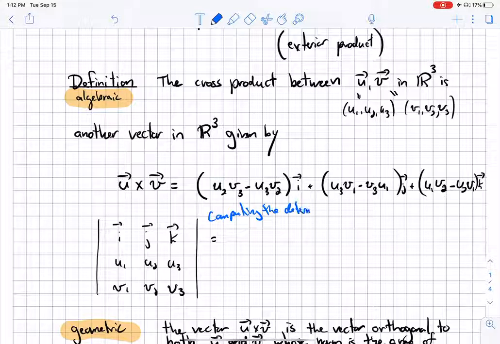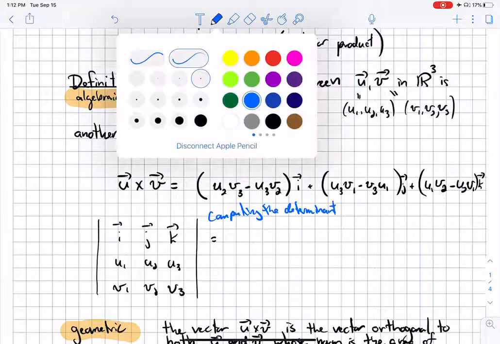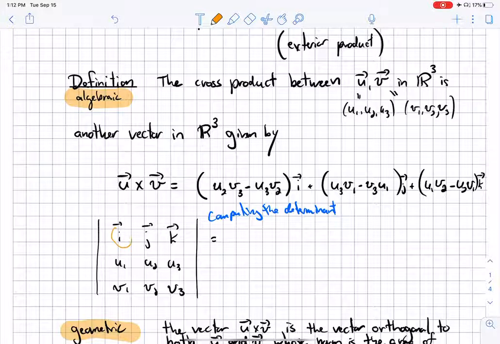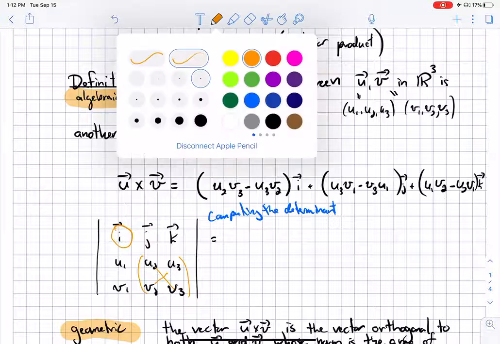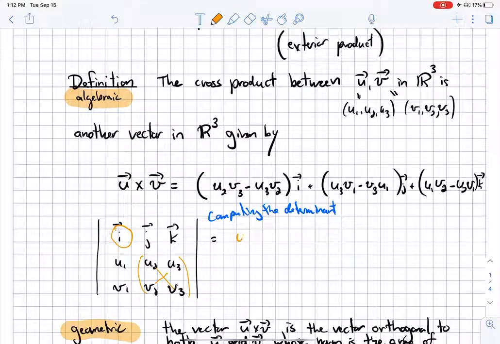So you start with the first entry in the first row, and you multiply that by the determinant of the square matrix here, so u2 v3 minus u3 v2. So I get u2 v3 minus u3 v2, times i. So that's my i coordinate.